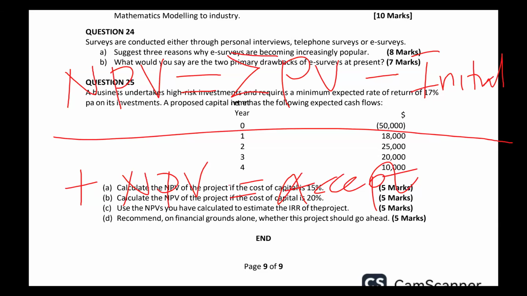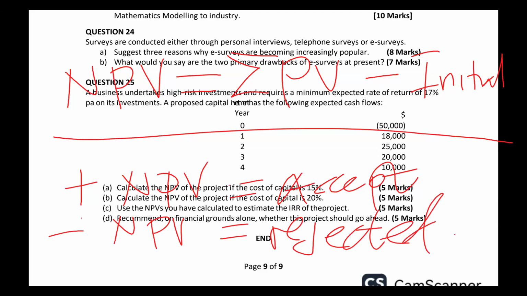Why? Because what we get from the project is higher than what we invested. The return from the project is higher than the investment or the cost of the investment. Then a negative NPV is to be rejected, right? Why do you have to reject this?